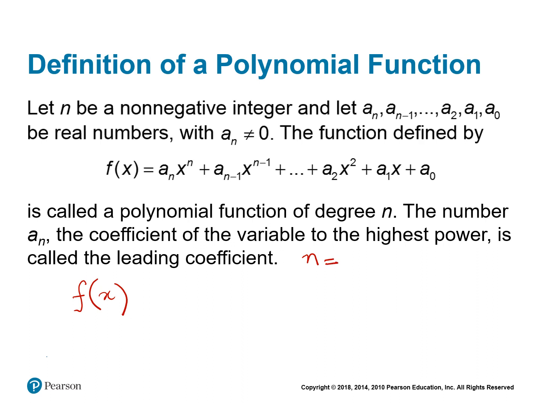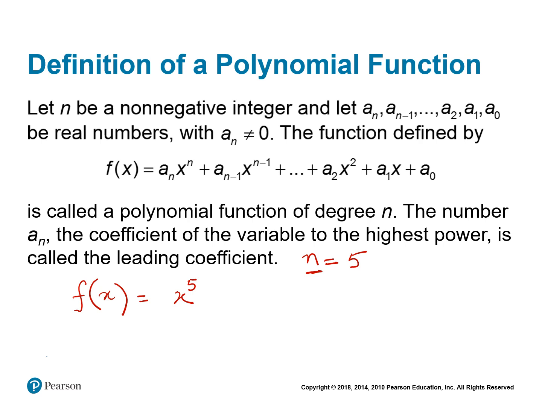N also represents the exponent that is the highest in the polynomial terms, the highest exponent among all polynomial terms. Let's say n is equal to 5. Then the term with the highest exponent will be the leading term.